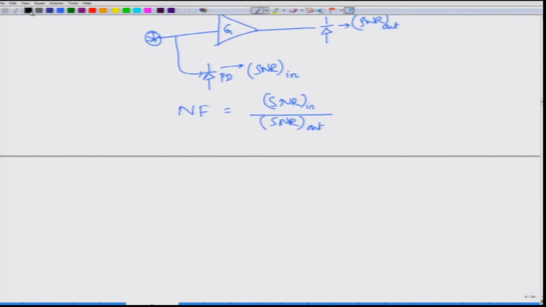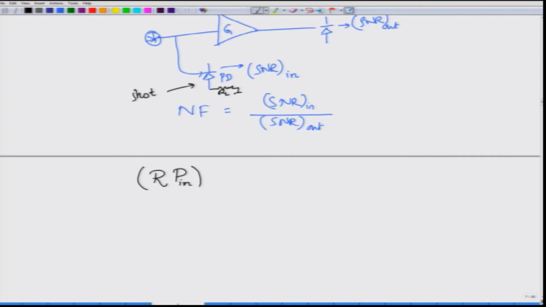Okay. If you just have a photodetector, of course followed by some load resistor that you have, and assume that the input signal is large enough so that this is shot noise limited. Okay. So, if it is shot noise limited, the signal power is given by R, which is the responsivity, times whatever the power with which you have come in, right. So, the input optical power is, let us say, P in.